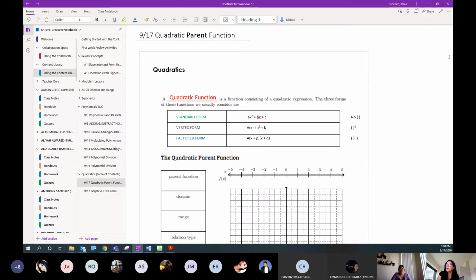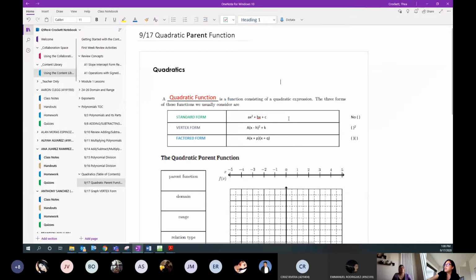Okay, so we got 3 forms: the standard form, the vertex, and the factored form. They're all quadratics in such a way that the highest exponent would be 2. You have a square here, you have a square in the vertex form, and you don't have a square in the factored form, but x times x is still x squared. So it's just separated.